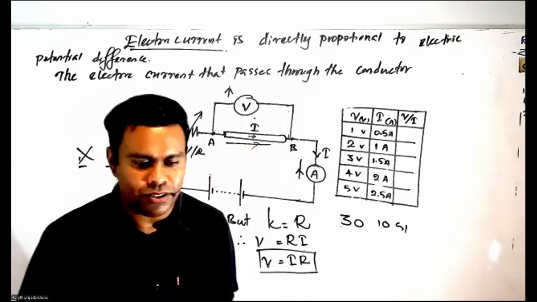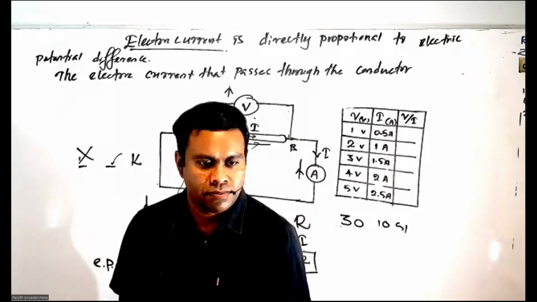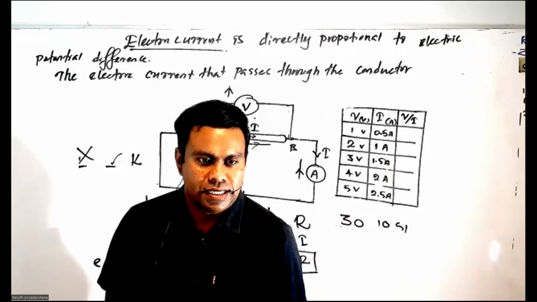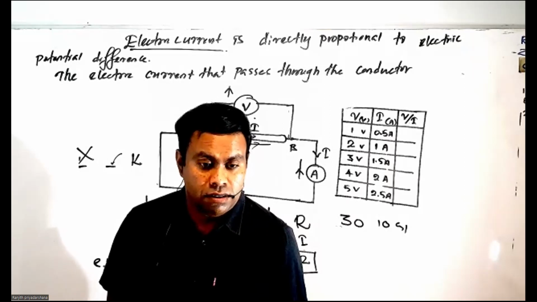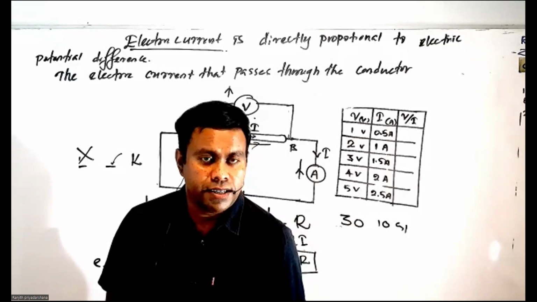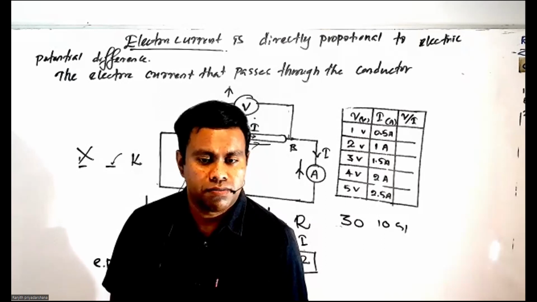Naduni, now this is your chance. The electric current that passes through the conductor is directly proportional to electric potential difference.